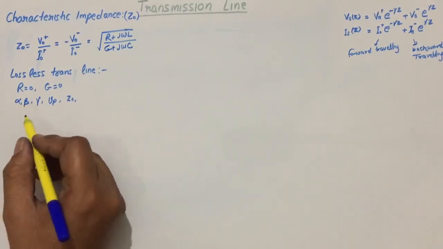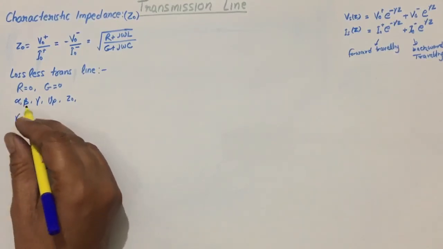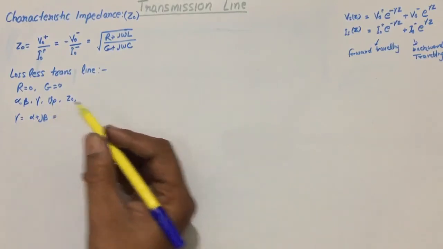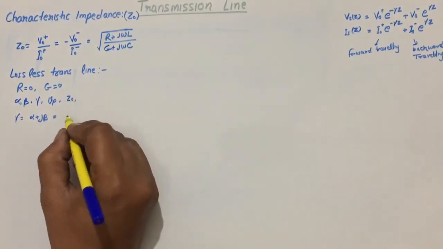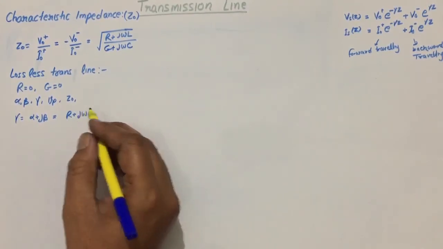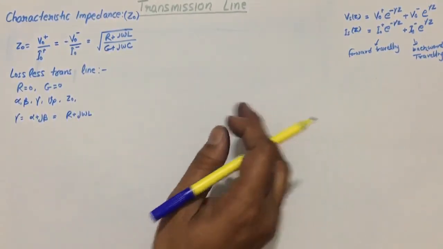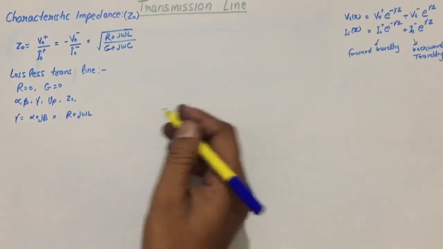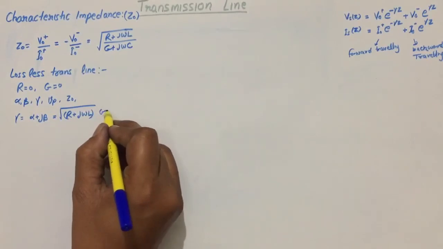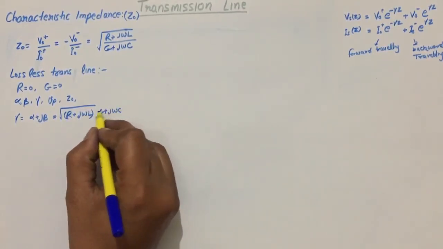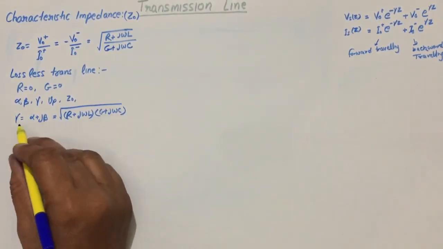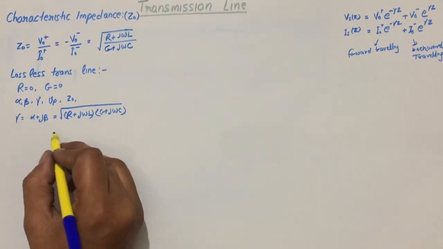So let us start by finding alpha and beta. We know gamma is equal to alpha plus j beta. That can be written here as the square root of (R plus j omega L) times (G plus j omega C), that is ZY, which we have seen a few minutes before. That is nothing but gamma, that is alpha plus j beta.